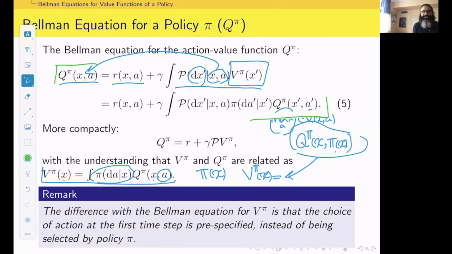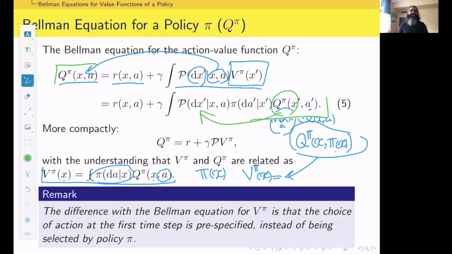Okay, perfect. This is linear. Why? Because we just have Q on one side. The other side is a linear combination of Qs, because this integration is essentially a linear combination of Q functions. We can also say integration or expectation is a linear operator, so everything stays linear on both sides.